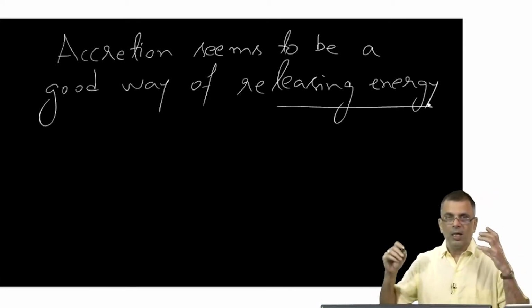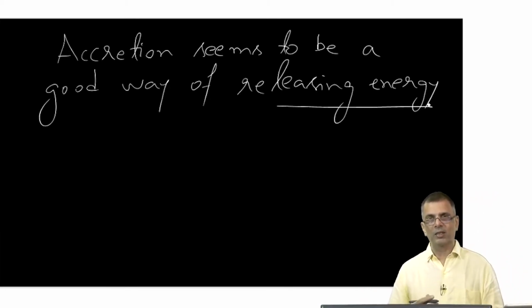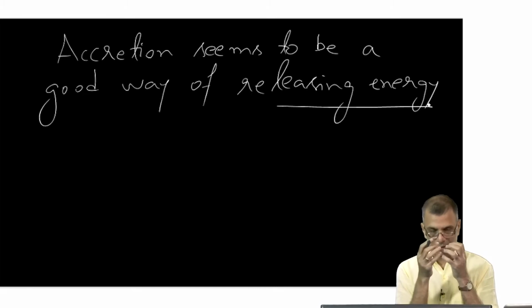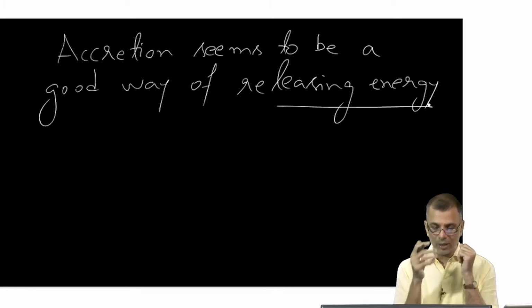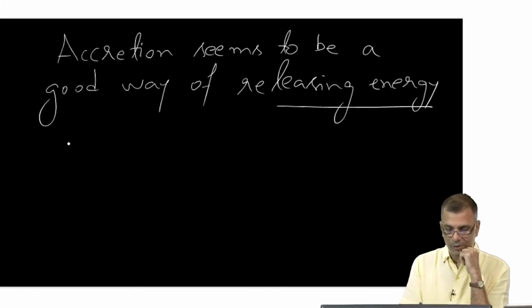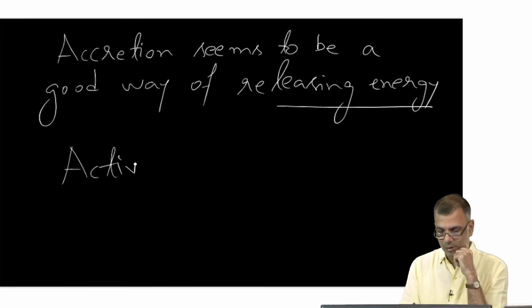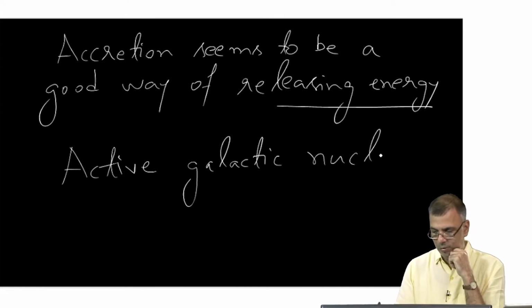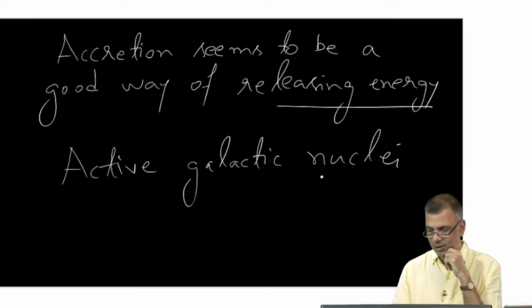The kinds of objects this paradigm is applied to are often called active galactic nuclei. These are objects that are sitting at the centers of certain kinds of galaxies, hence the name nucleus. Let me write this down: active galactic nuclei.